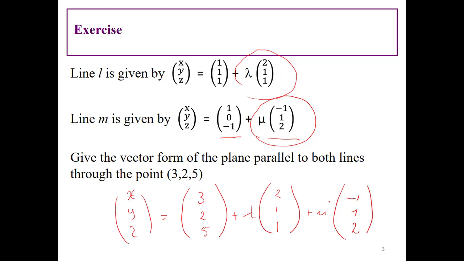If I then use this minus 2 in the second part, 1 equals minus 2 times 1. Of course, that's nonsense. So indeed, we have two independent vectors, and this would be a vector form of a plane parallel to line L, parallel to line M, and having a starting point (3, 2, 5).